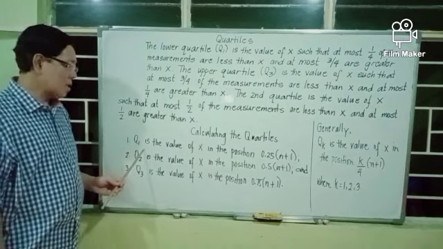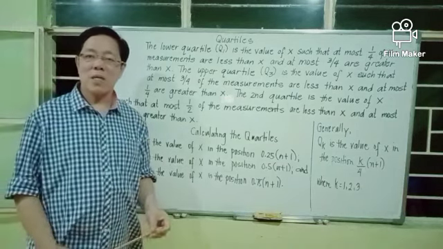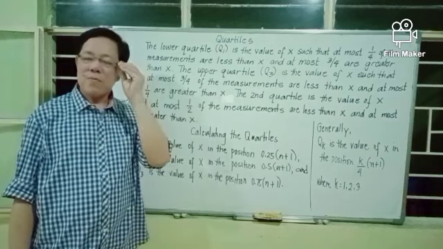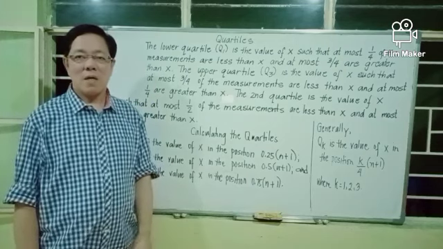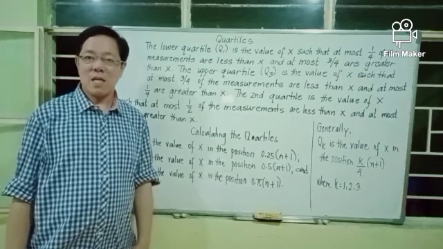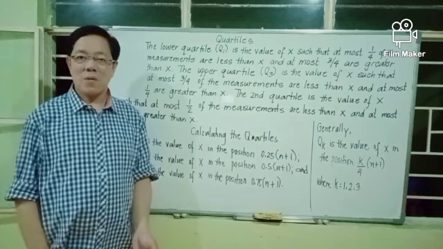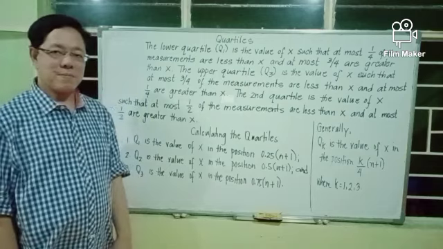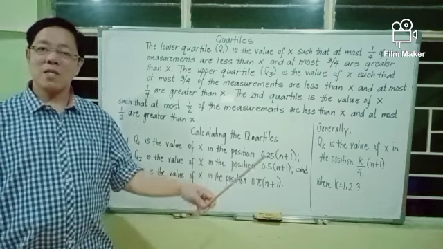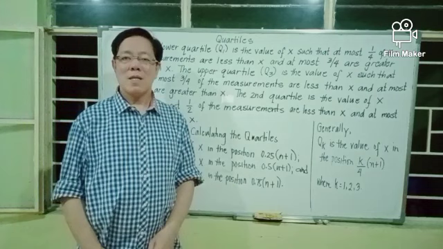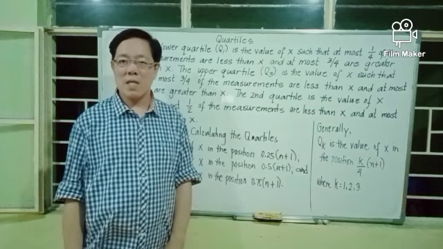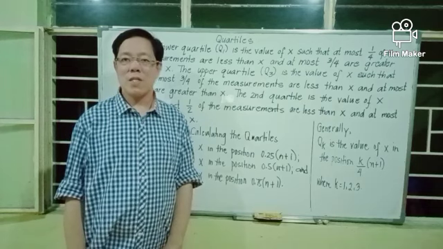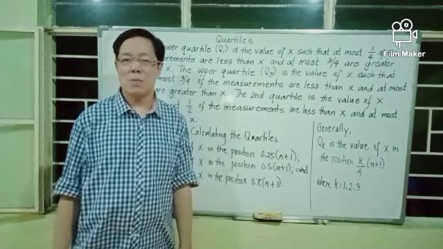In calculating the quartiles for a set of measurements for ungrouped data, that is data not presented in a frequency table using class intervals, you have to first arrange the given set of values or measurements in ascending or descending order. Usually we arrange them in ascending order, that means we start from the lowest value.